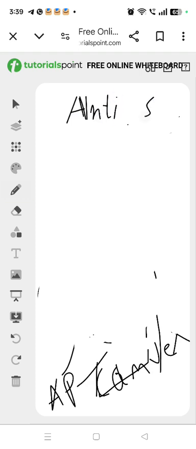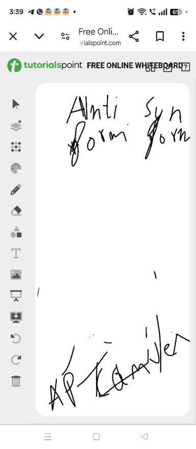Antiform, synform. Antiform, synform. Anticline, syncline.